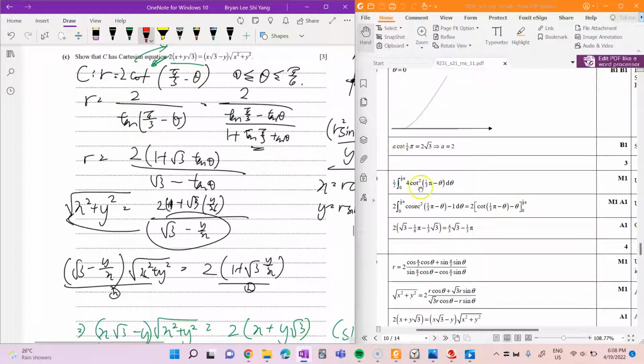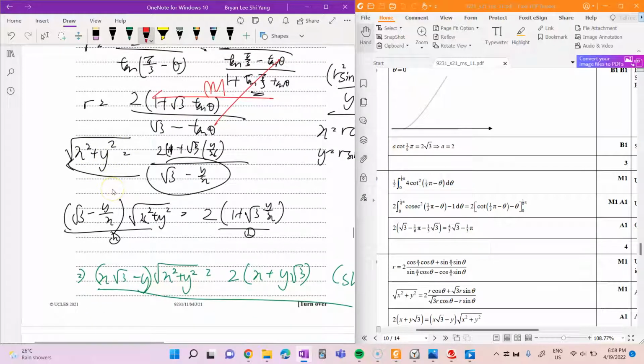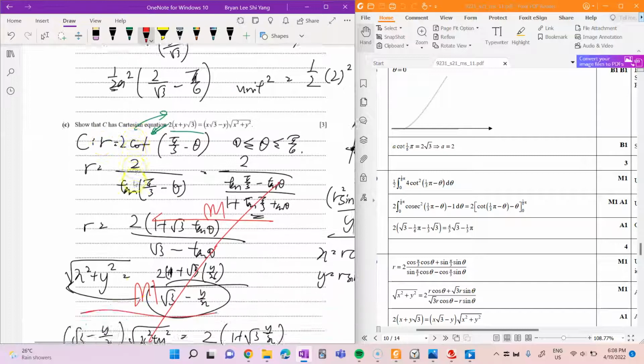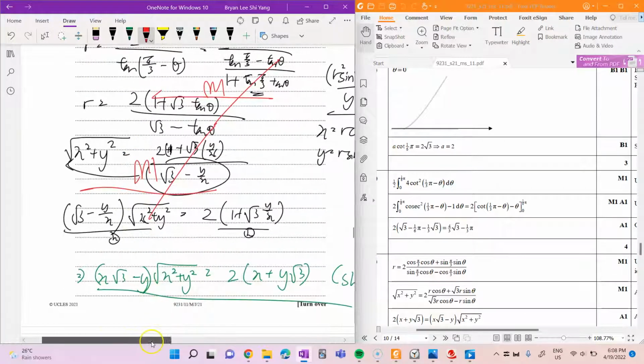Show that C has Cartesian equation. Okay, r equals to 2. Yeah, this is a bit cosine theta cosine. I think I also award myself an M1, although it's a bit different, but this one is also another M1, and the whole substitution thing.